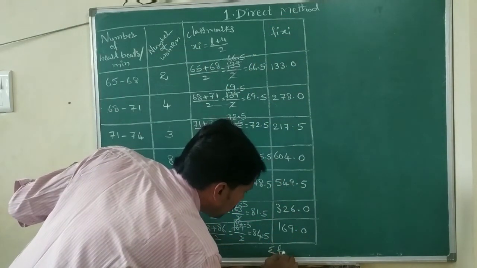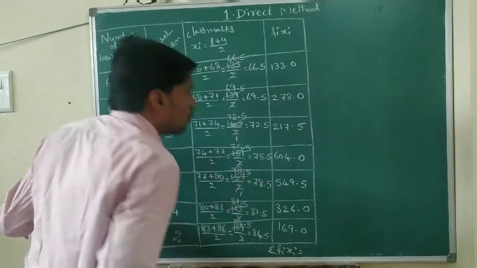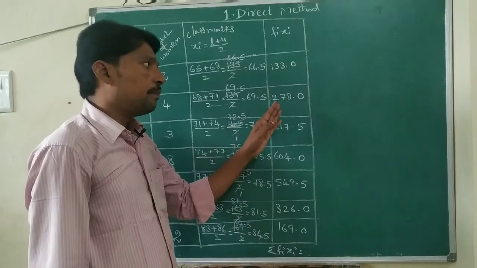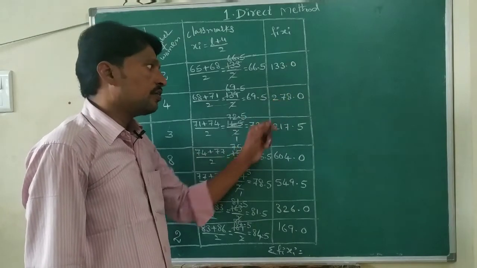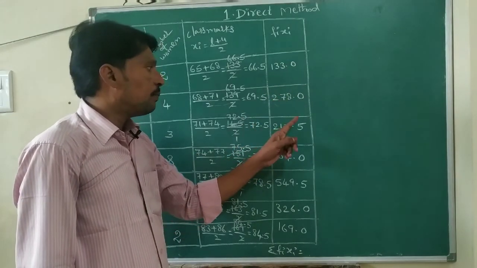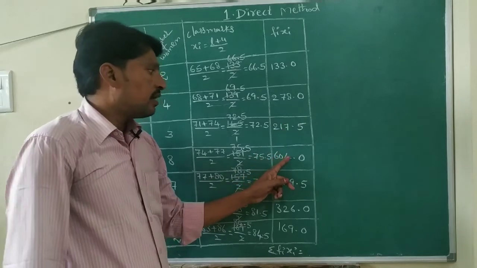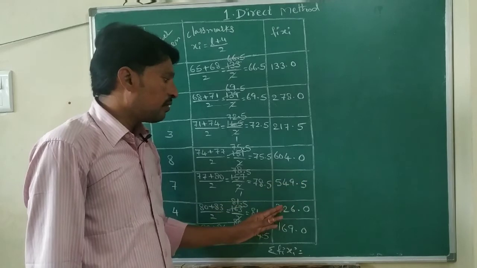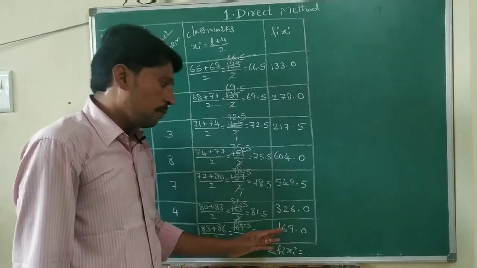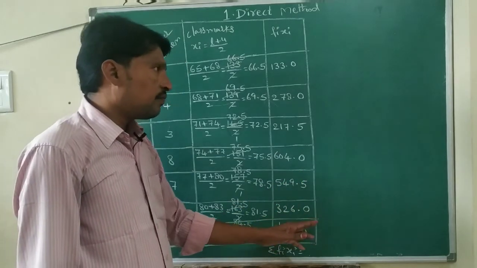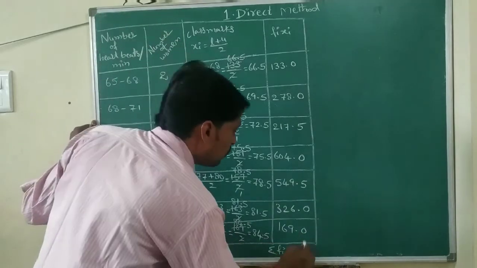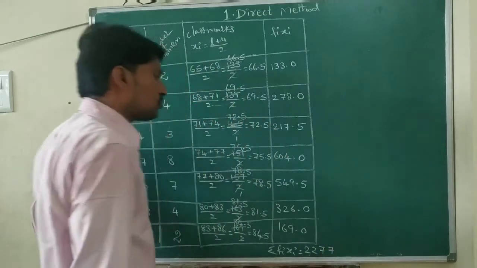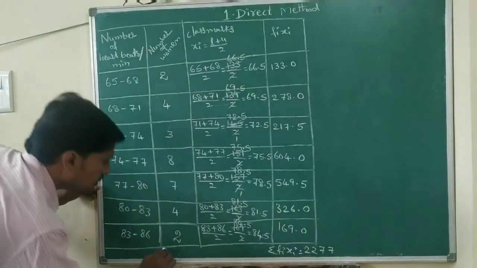So this is sigma fi xi. Sigma fi xi means 133.0 plus 278.0 plus 217.5 plus 604.0 plus 549.5 plus 326.0 plus 169.0. The total we are getting is 2277.